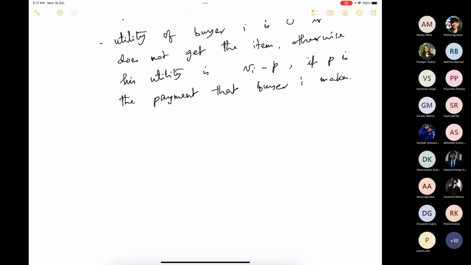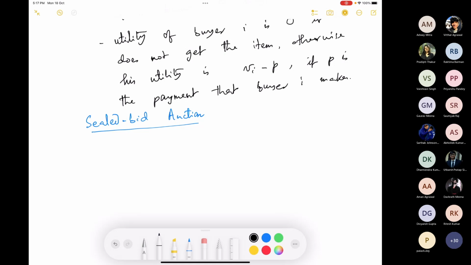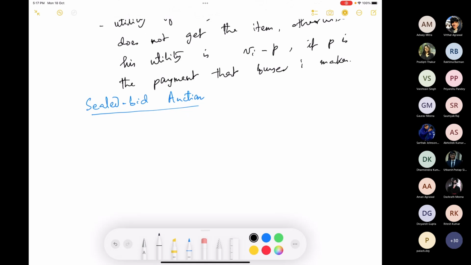which is called sealed bid auction. So, single item sealed bid auction. What is sealed bid auction? Here is the first step: each buyer submits his or her bid in a sealed envelope.